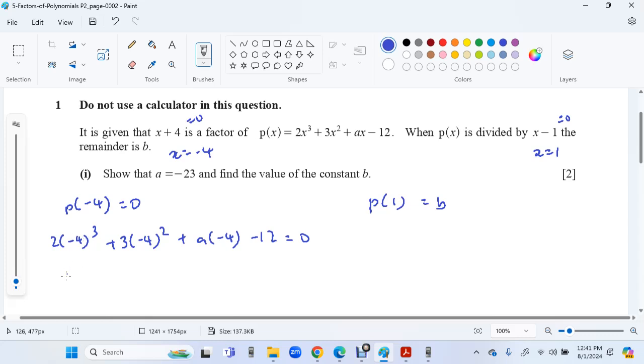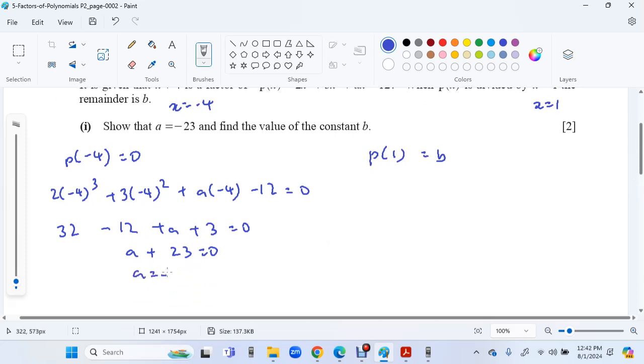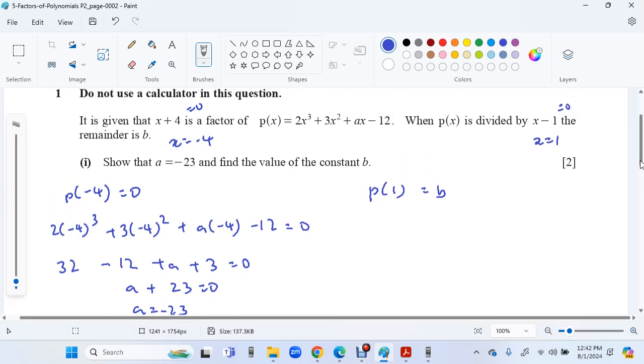Then we will have 32 minus 12 plus a plus 3 equals 0. So a plus 35 minus 12, 23, equals 0. So we have a equals -23.